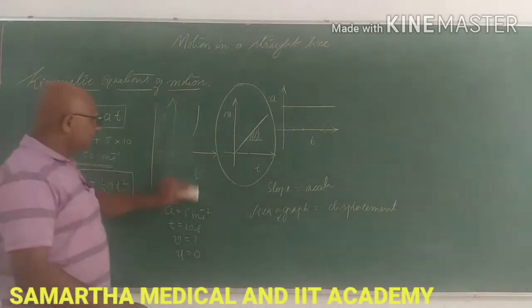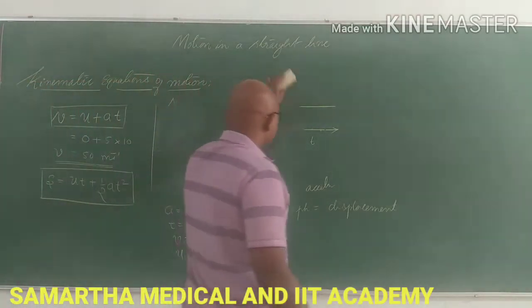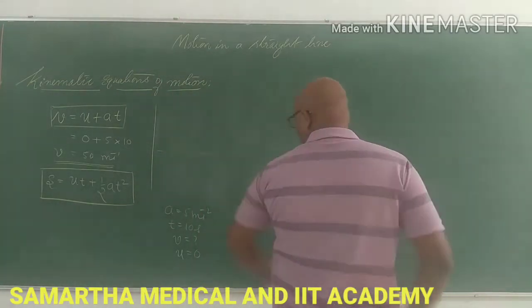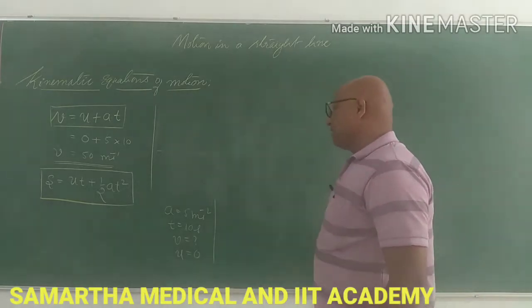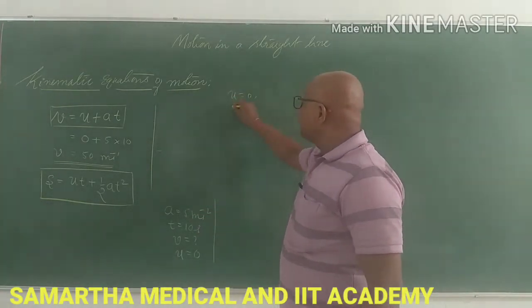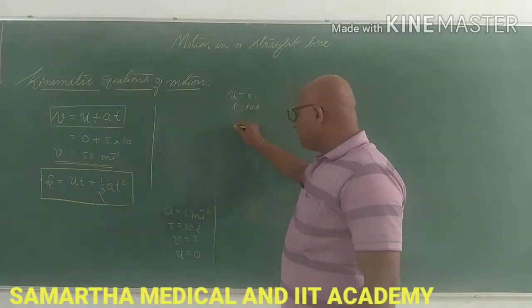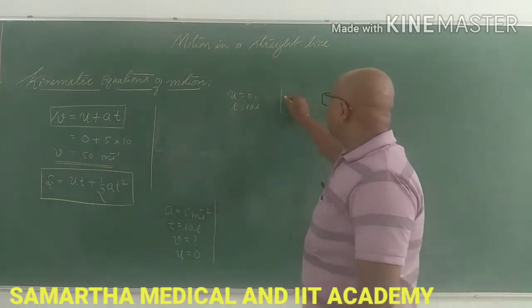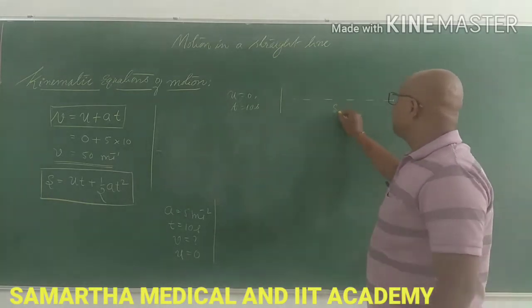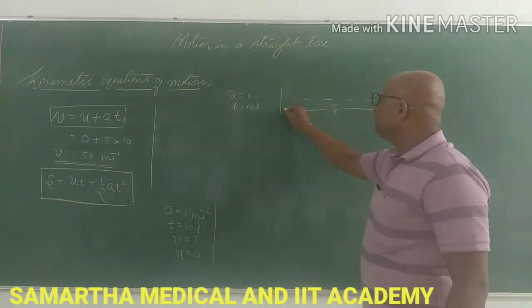Whenever the body is moving with an acceleration, we will take the same situation. A body is moving, u is equal to 0, and it takes 10 seconds. Here s is the displacement covered by the body.